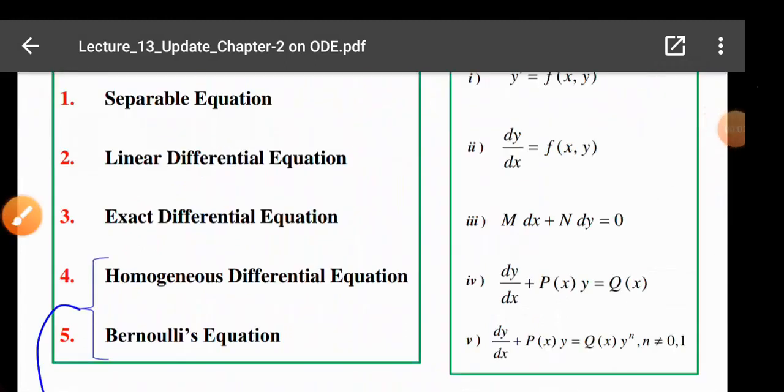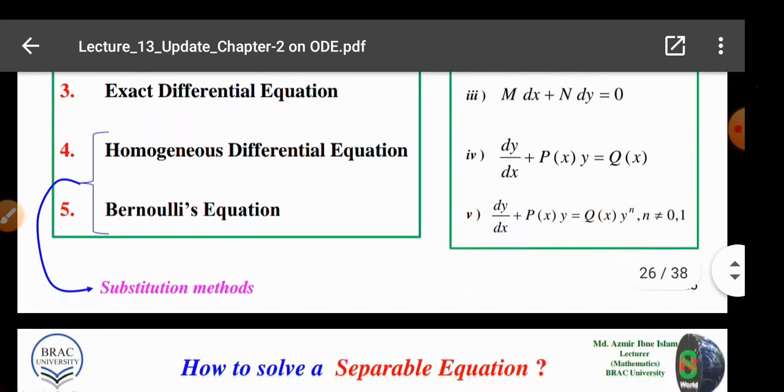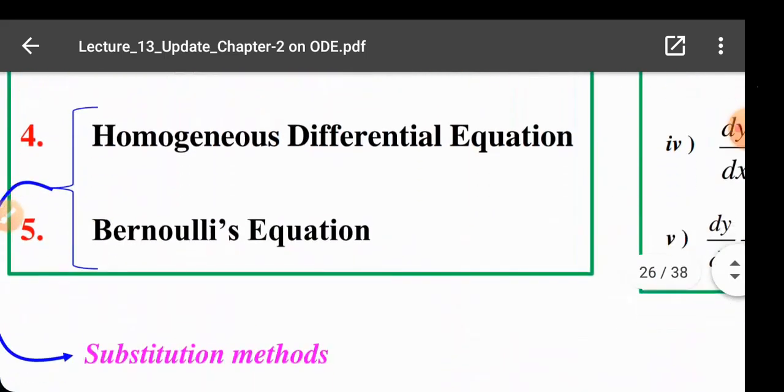Already I have discussed the solution technique of a separable equation, linear equation and exact equation. Now we need to focus on how we can solve a homogeneous differential equation and a Bernoulli differential equation. Already I have mentioned that homogeneous differential equation and Bernoulli differential equation are known as substitution processes. That means both of these differential equations will take an appropriate substitution.